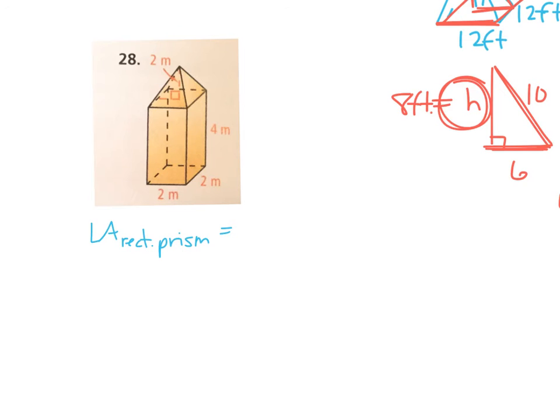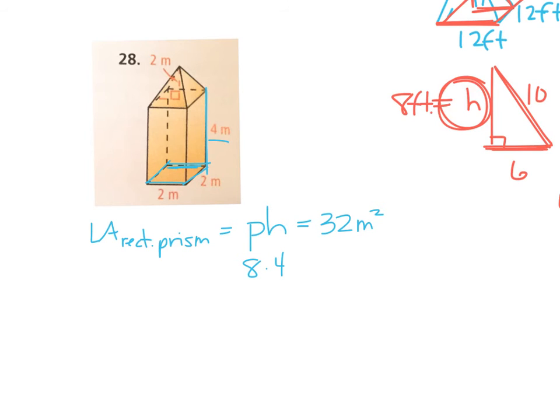What you're going to do with that lateral area of a prism is the perimeter of the base times the height. So this is our base. The perimeter would be 2 times 4, so 8. The height is 4. So our lateral area is 32 square meters. Okay, so that takes care of all the rectangles around the edges.